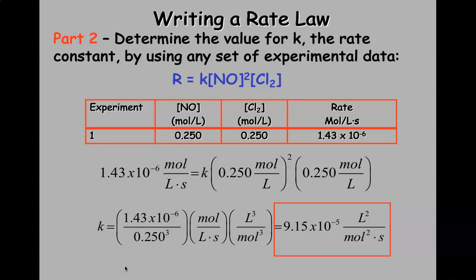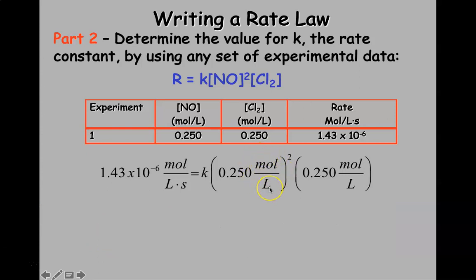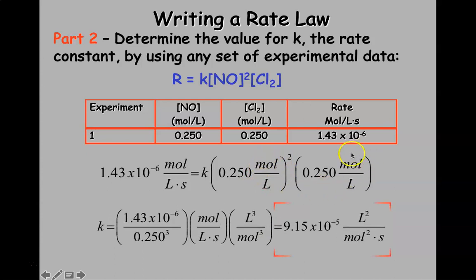But again, look what happened to the units. These become mole squared, liter squared, times mole over liter. There's your liter cubed per mole cubed. When you bring it over to the other side, because you're dividing, it flips.